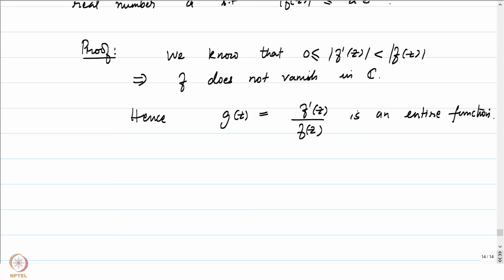But what do we know about g of z? We know that the absolute value of g of z is less than 1 for all z in C.